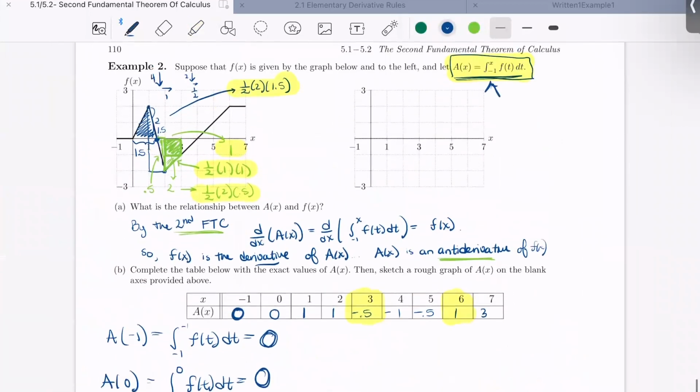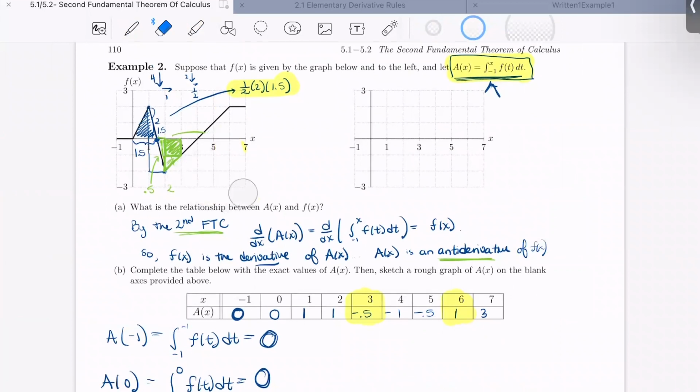We're going to do A of 6. Erase a little bit of work here. So let's keep in mind that we know the integral from negative 1 to 3 already. And now we're just going to continue looking at the area under f until we reach 6.